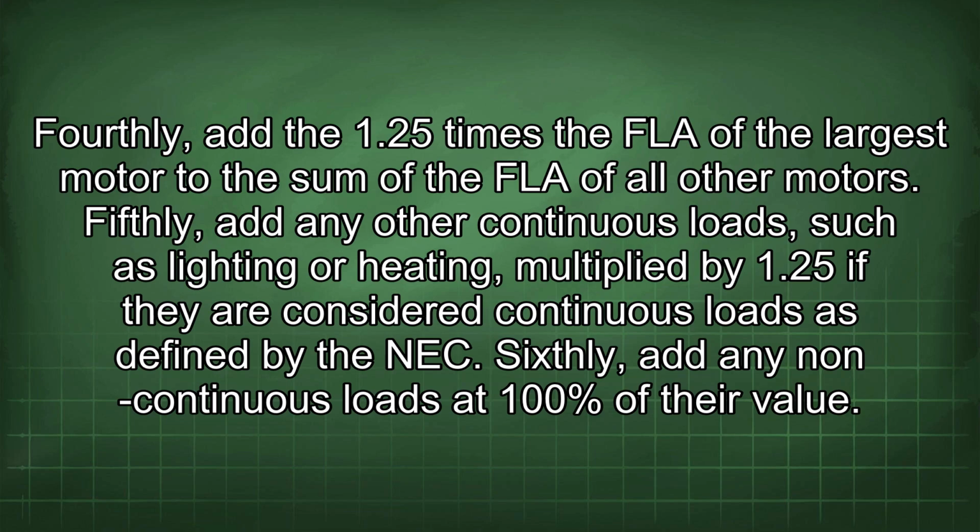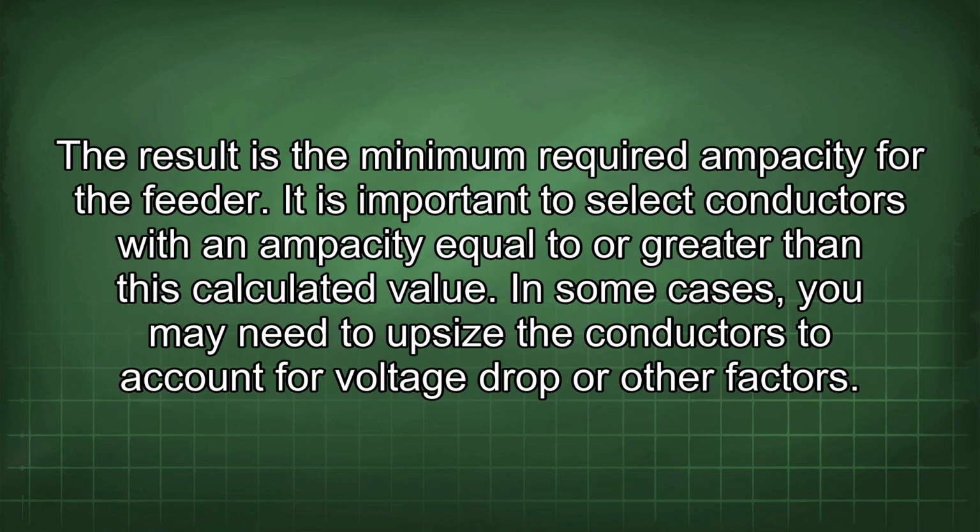Fifthly, add any other continuous loads, such as lighting or heating, multiplied by 1.25 if they are considered continuous loads as defined by the NEC. Sixthly, add any non-continuous loads at 100% of their value. The result is the minimum required ampacity for the feeder.